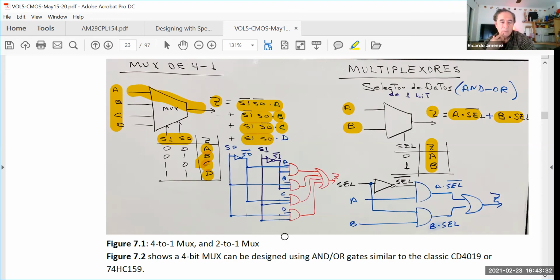Those are called PLDs, programmable logic devices. That's another topic you will learn in your engineering career. Now they call them CPLDs, complex programmable logic devices.